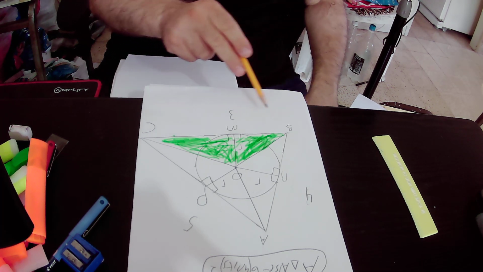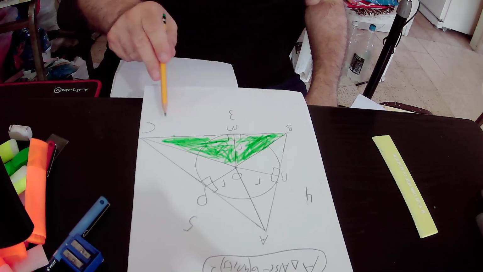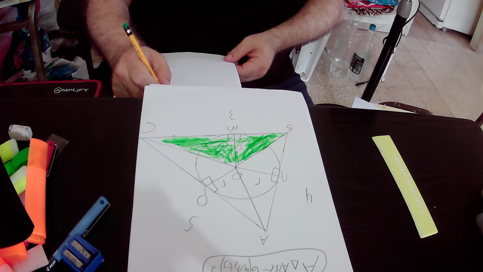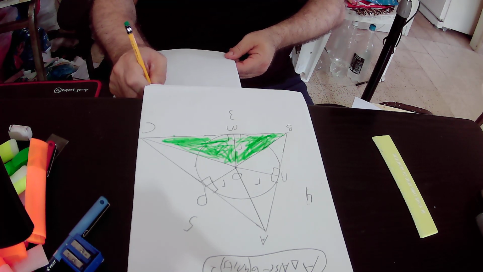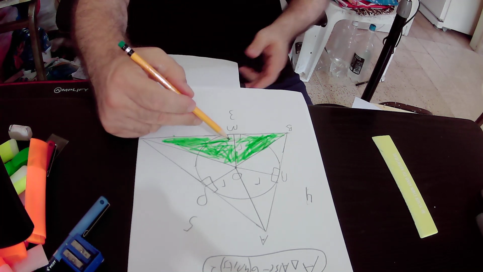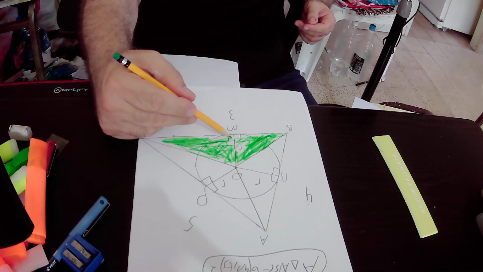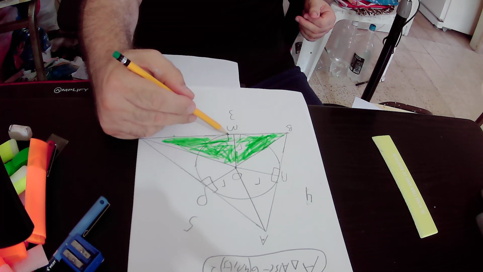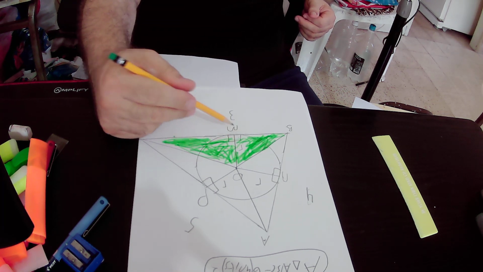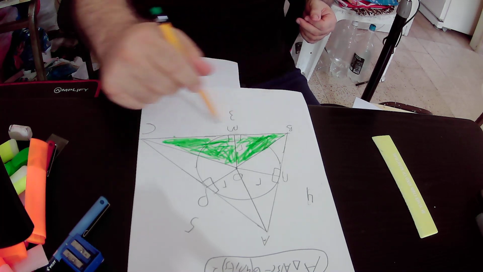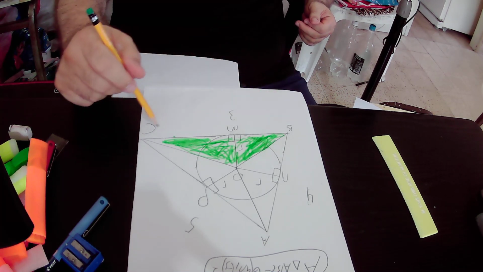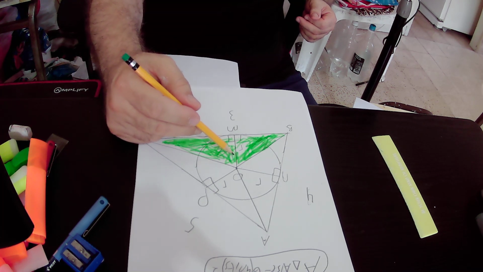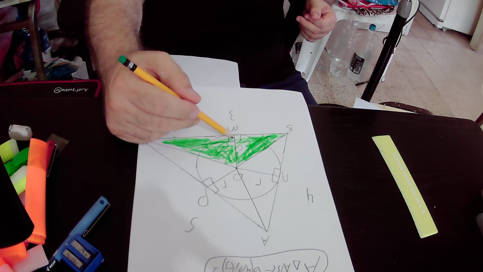The base of the green triangle is given to us. It equals 3 units. The base times the height to the base. The height is the radius because the height creates 90 degrees with its base. The base is BC and the height should create 90 degrees with its base.